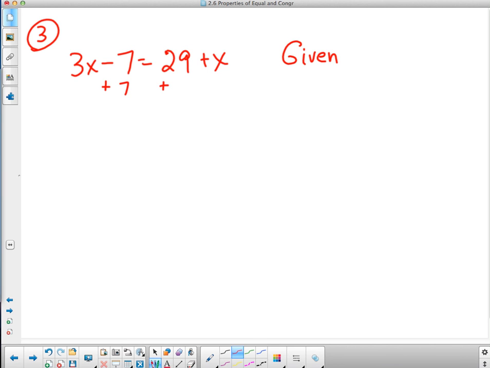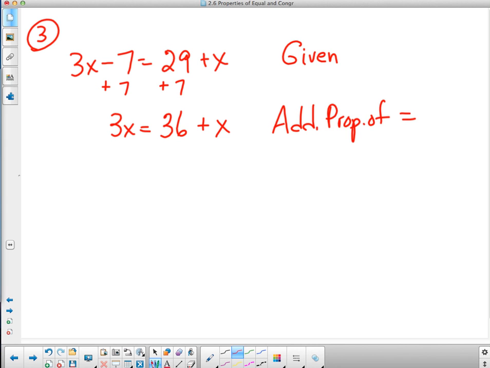So you're getting now 3x equals 36 plus x, supported by addition property of equality. If that was our first step, what's our next step?